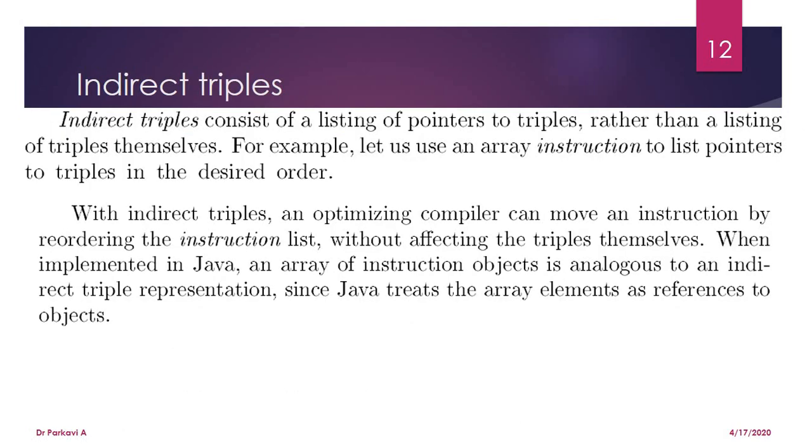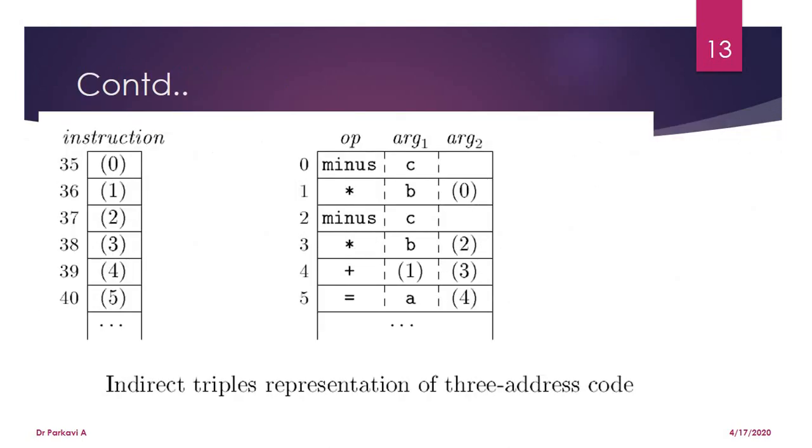The next one we are going to discuss is indirect triples. If you want to reuse the instruction list, then we make use of indirect triples. If the same set of code is reused in your program, there is no need to rewrite the triples once again; we can reuse them.